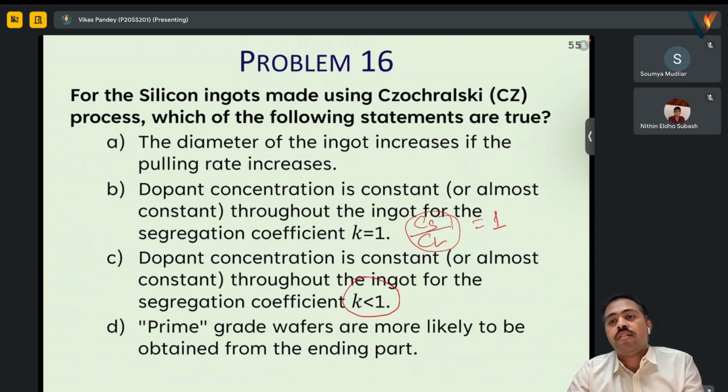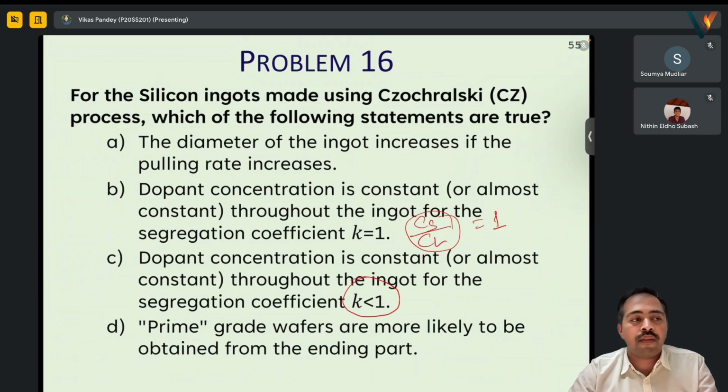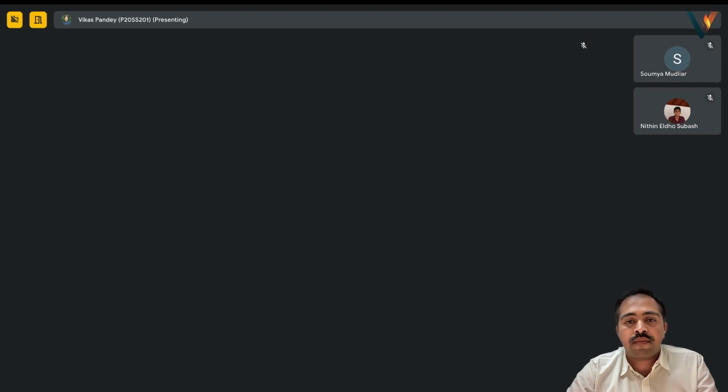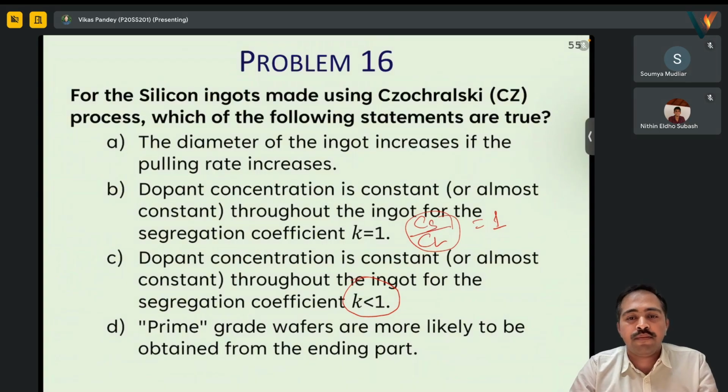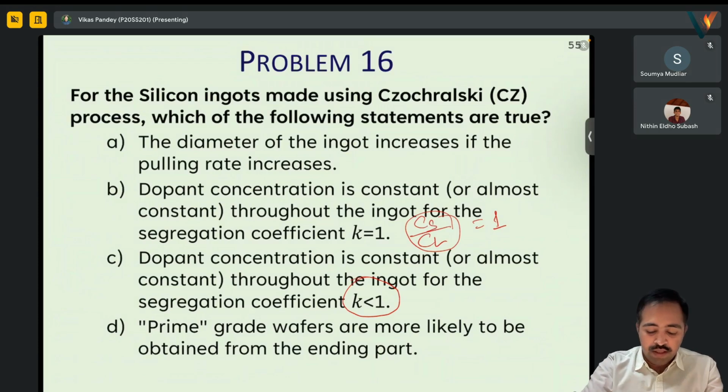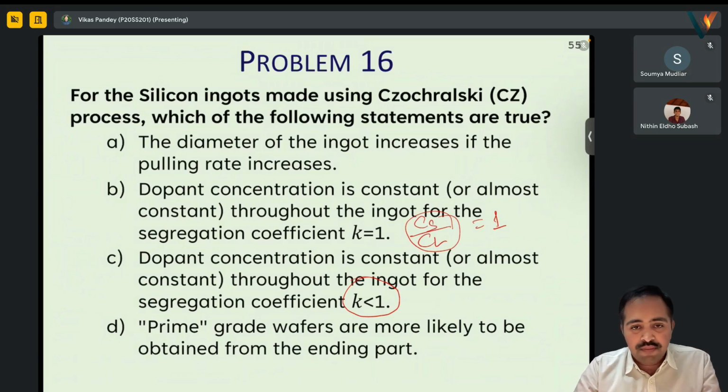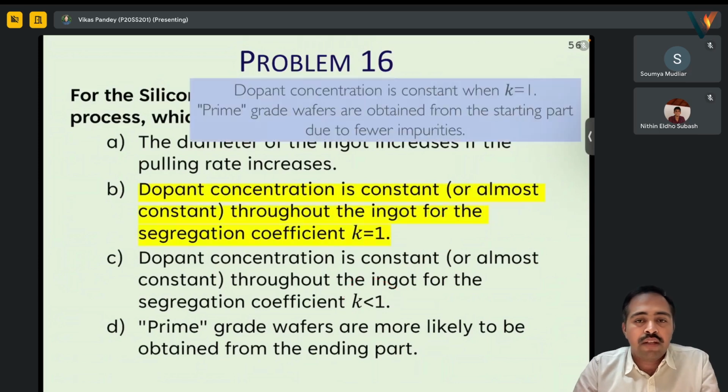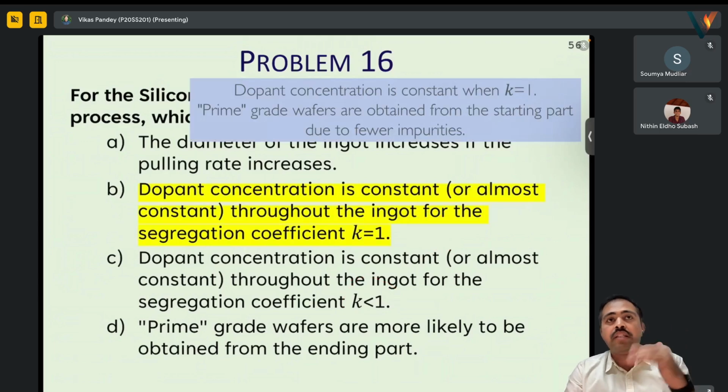We just saw that if the dopant concentration is different, then we see different concentration, okay?